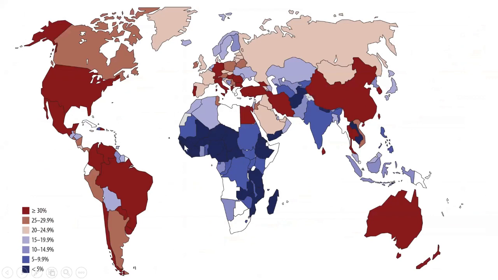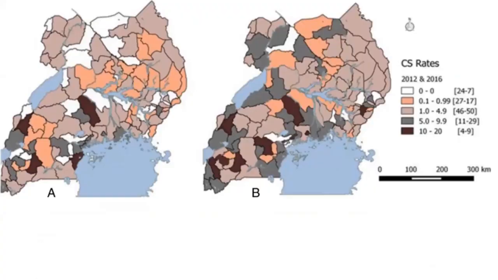This is just a world map that shows how this cesarean section rate is distributed. And you see Uganda is somewhere down there. The rate is actually between 5 to 10, 9.9% of all deliveries. And you see in Brazil and then probably China, the rate is quite high.